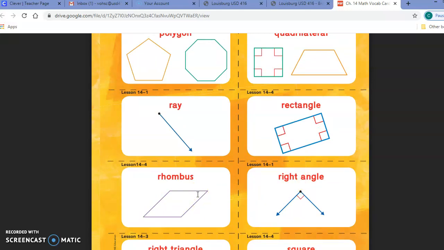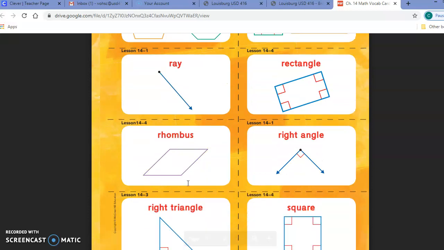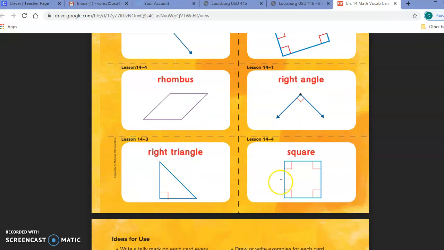And a rhombus, again, is a quadrilateral and a parallelogram with 4 equal sides to it. So all 4 sides are equal on it. And then the other one that's a very familiar shape to you is our square. And our square kind of meets all of those attributes. It is a quadrilateral, a parallelogram, it has 4 right angles to it, and 4 equal sides to describe it.